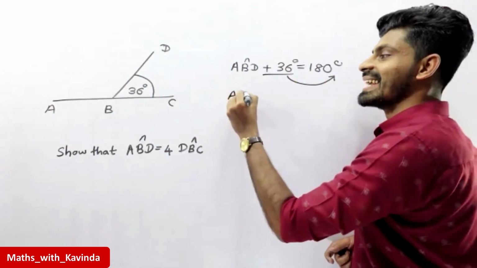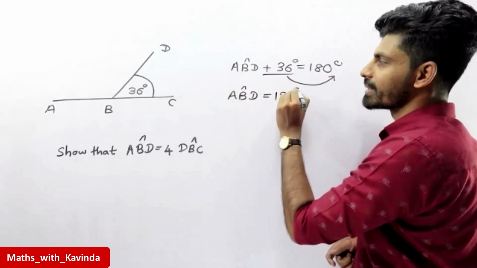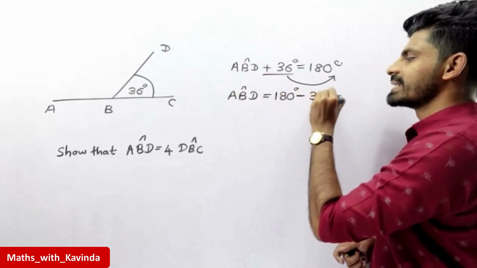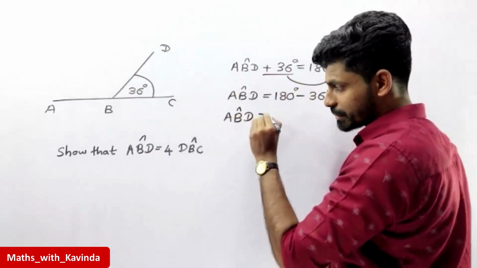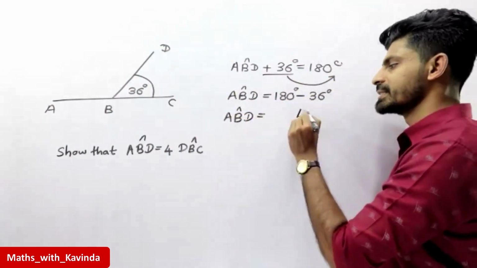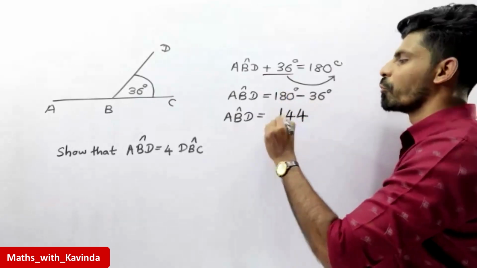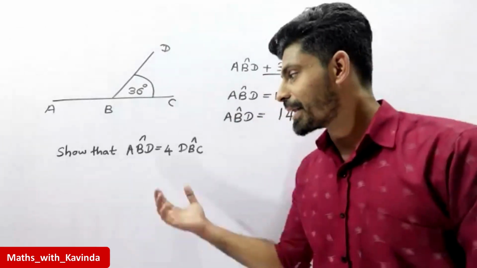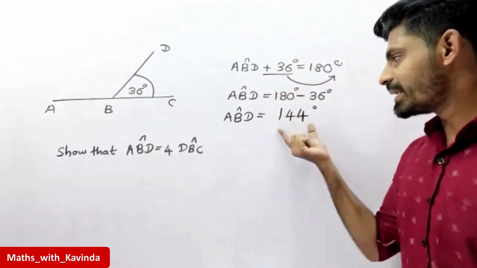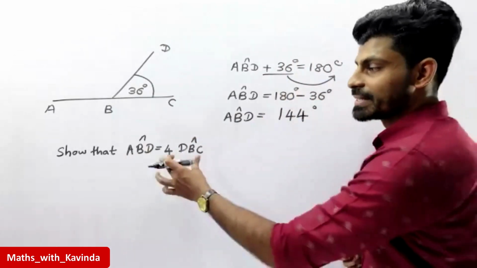So that means ABD equals 180 minus 36, which is 144. So ABD means 144, right? Look at this one.